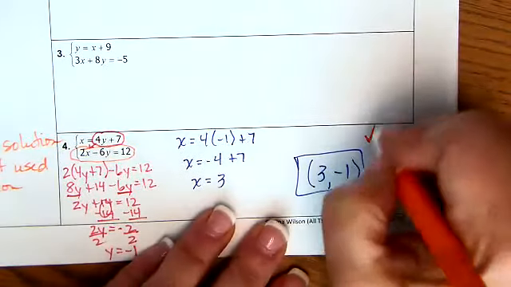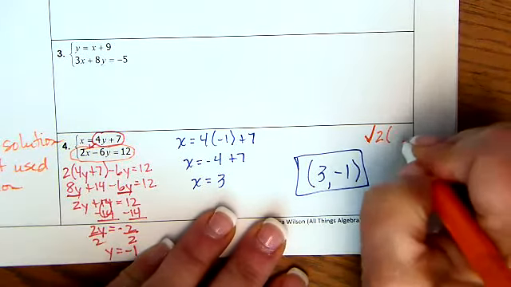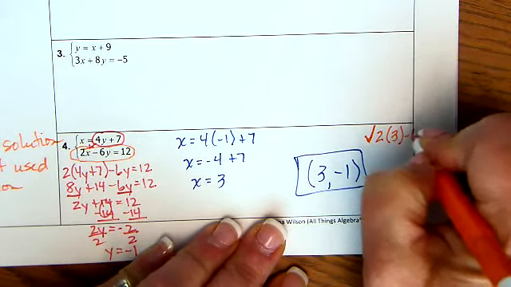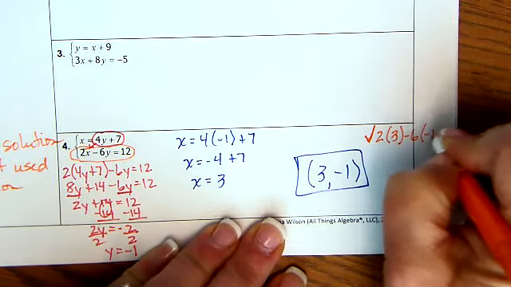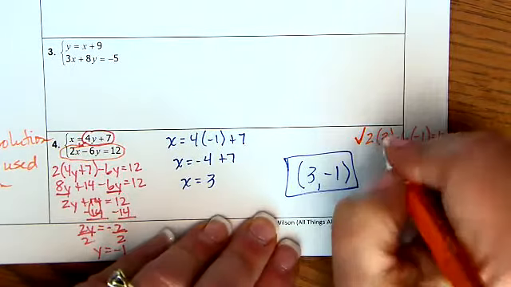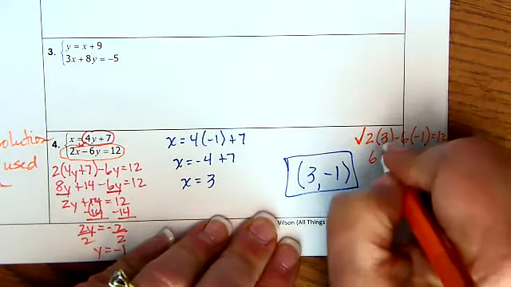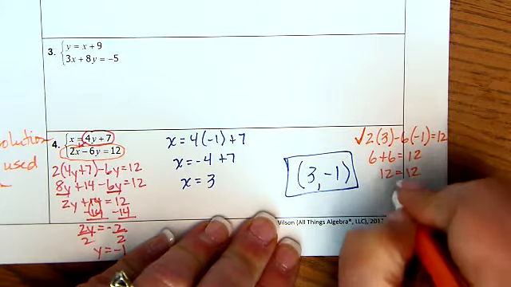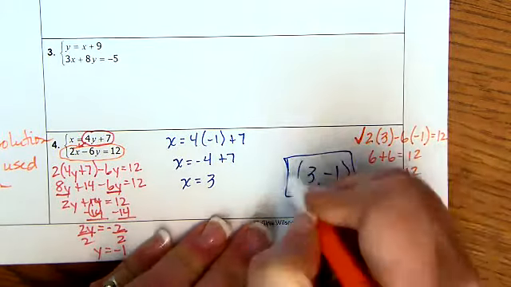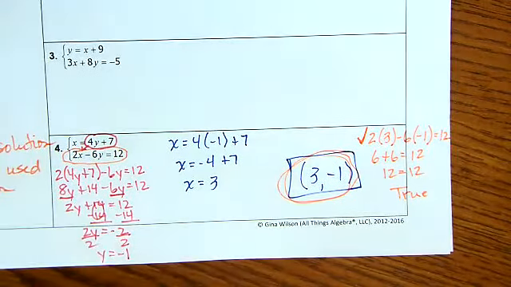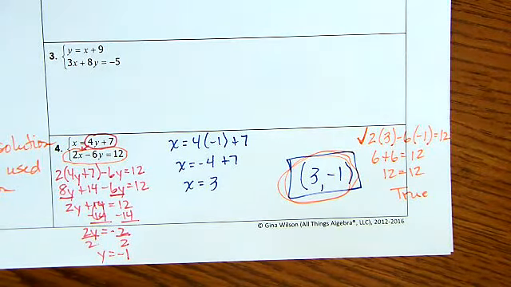So I have 2 times 3 minus 6 times negative 1 equals 12. So I have 6 plus 6 equals 12. 12 equals 12. This is true. So therefore, this is my correct answer. Okay, moving right along.